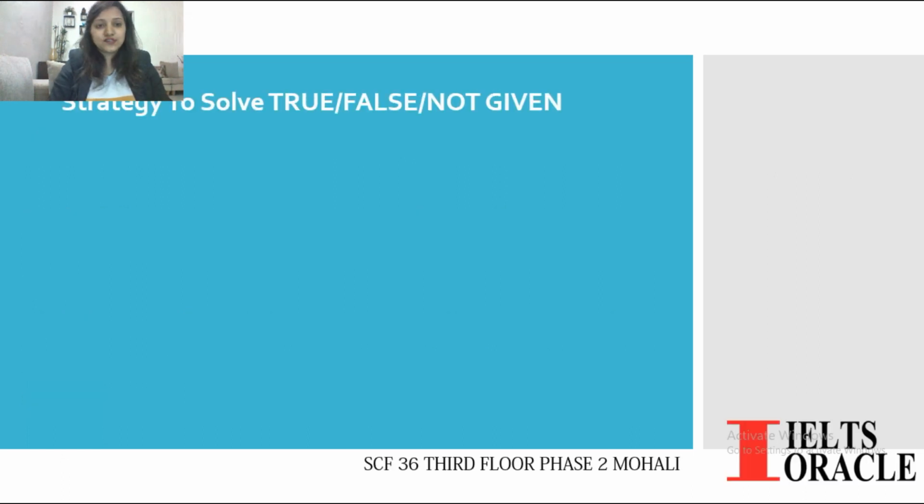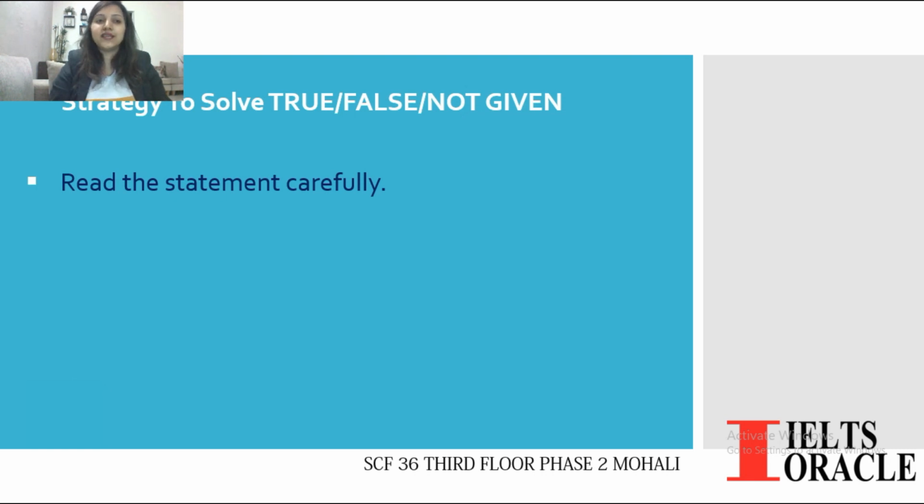So let's now discuss the strategy to solve True, False, Not Given questions. The very first step is to read the statement carefully. You might wonder that this is a very simple instruction, but it means a lot. Reading the statement carefully means you're paying attention to the question. If you get the correct meaning of the question, it will be much easier to find the correct answer.